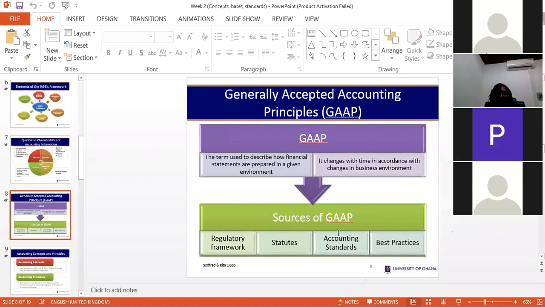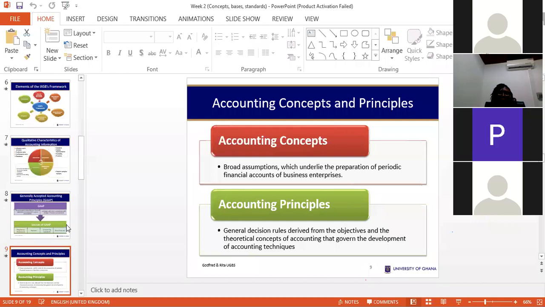The standards are the general guidelines for treating the transactions, and then best practice. Sometimes these best practices are brought from other developed countries. People give their suggestions, and when they find it suitable, they adopt it, review it, and then it becomes a principle. Then we also have the concepts and the principles.